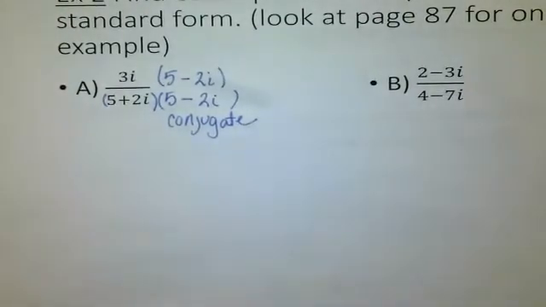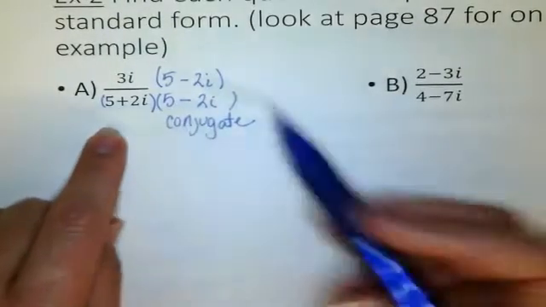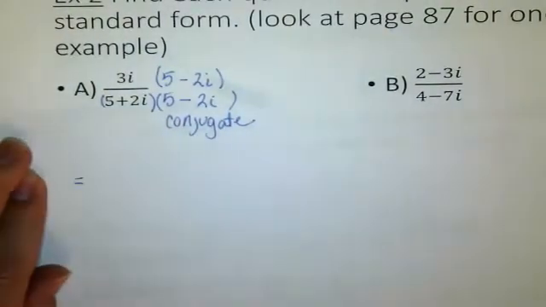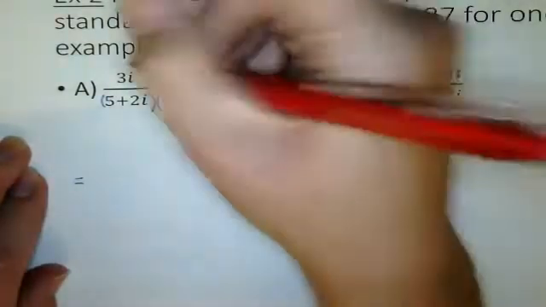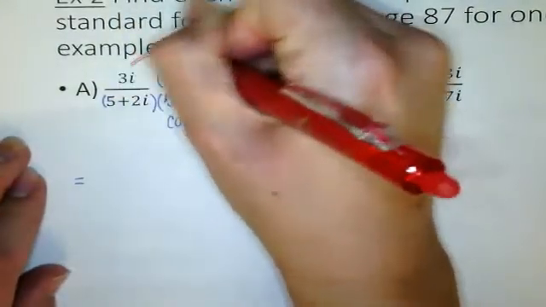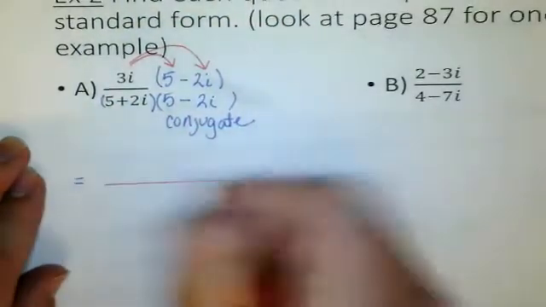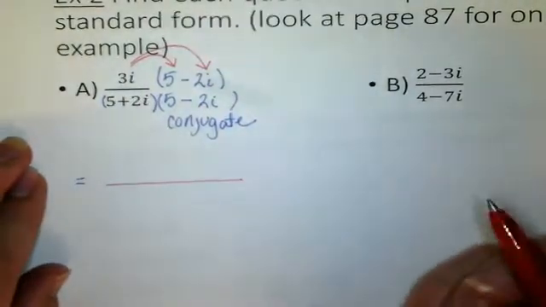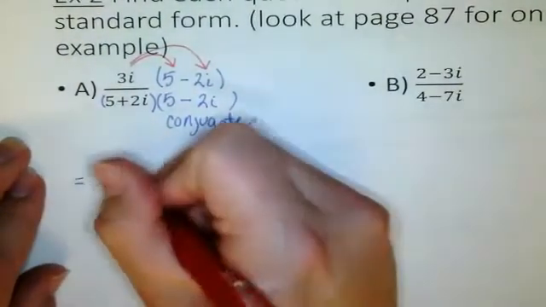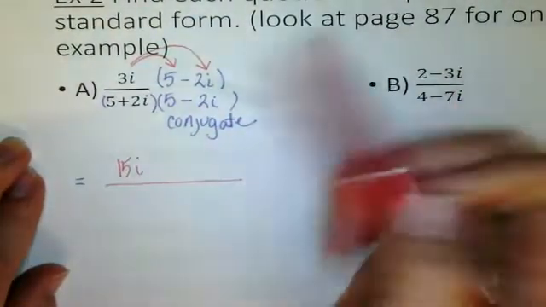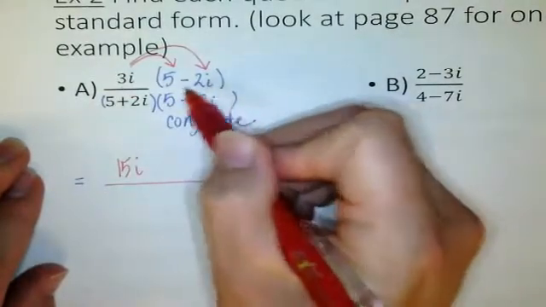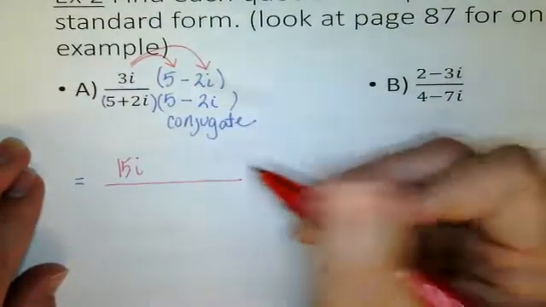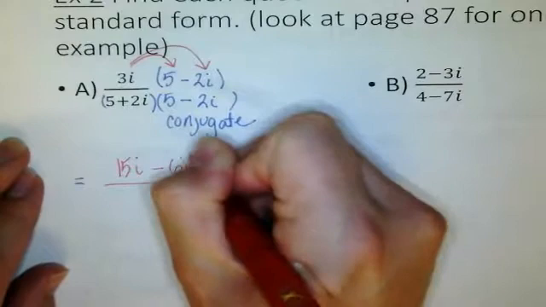All right, so we are going to multiply by the conjugate. The conjugate changes the sign, and that'll help us clean this up really nicely. We're going to distribute in the numerator for this one. 3i times 5 is going to give me 15i. And then 3i times negative 2i is? Good.